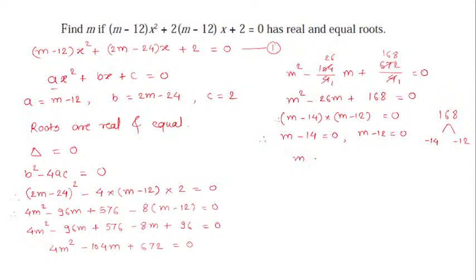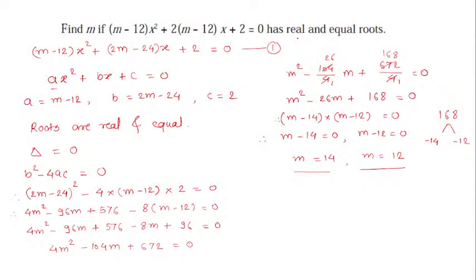So minus 14 going to that side will be plus 14, or m is equal to minus 12 going to that side, it will be plus 12. So we have got here two values for m. Either m has a value 14 or 12. So this is how we can solve this question.